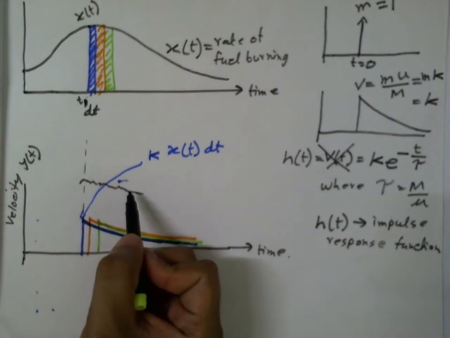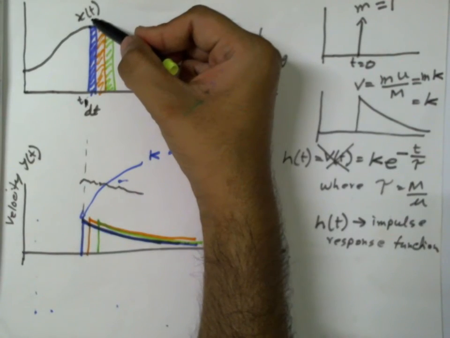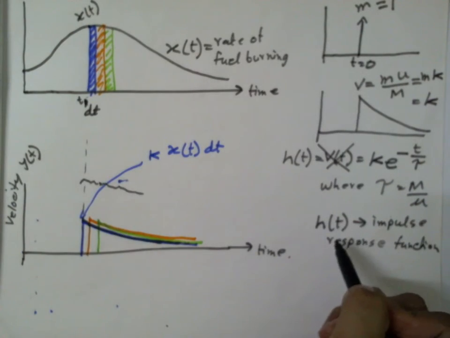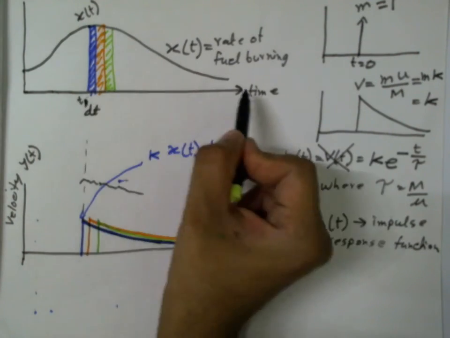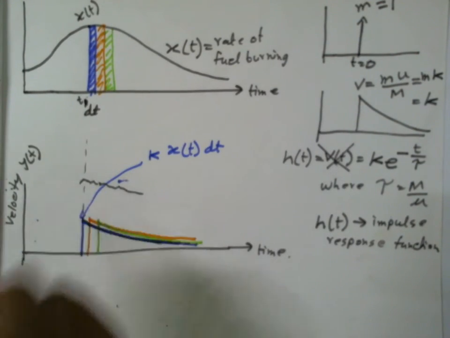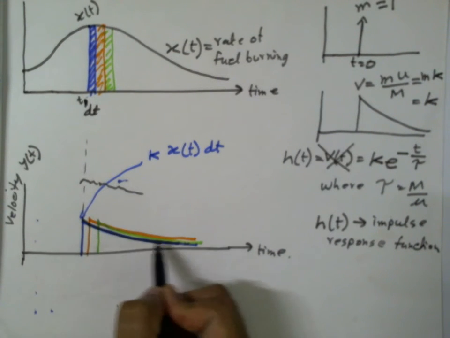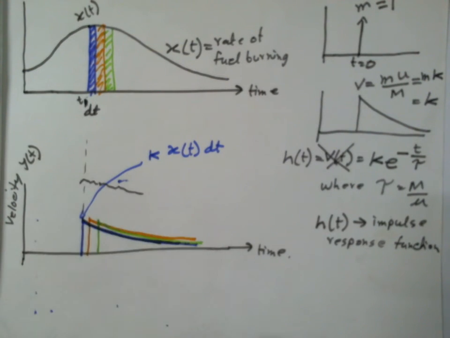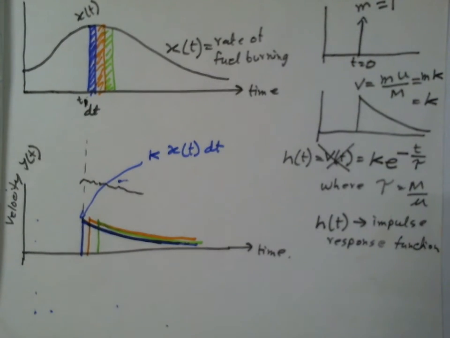Here in this case it's again velocity, and x is used for input, y for output, h for impulse response. So x(t) here I'm using for the rate of fuel burning. I'll use y(t) for the final velocity of the rocket after adding these individual curves. So that's y(t), and h(t) is the impulse response.